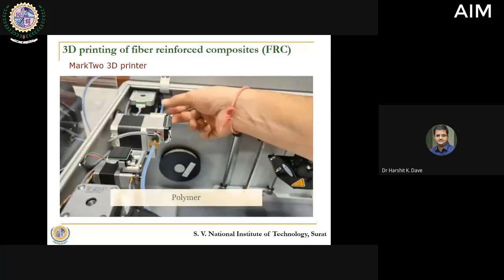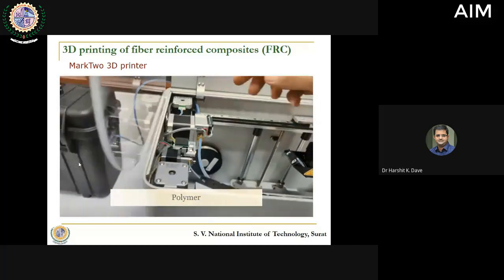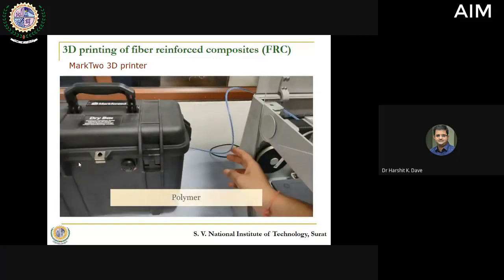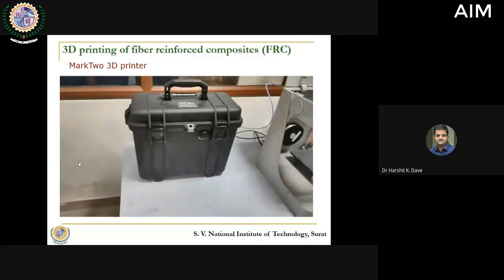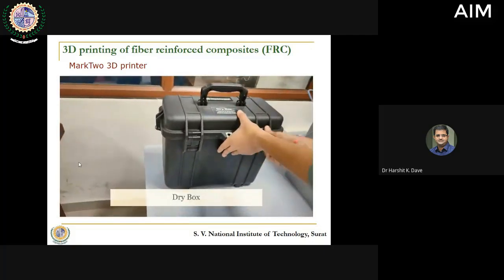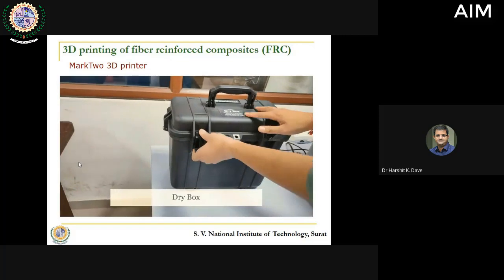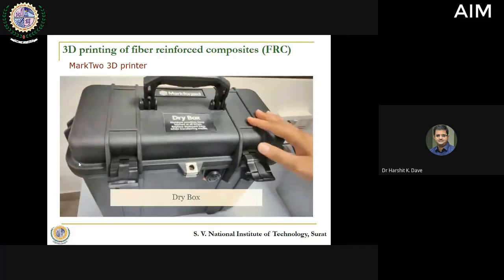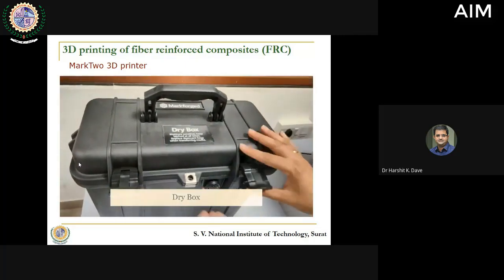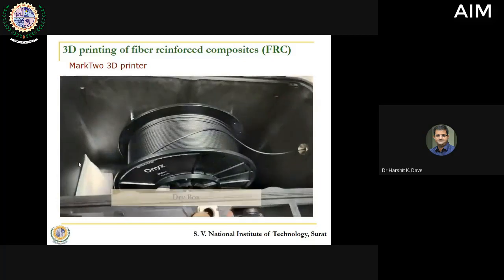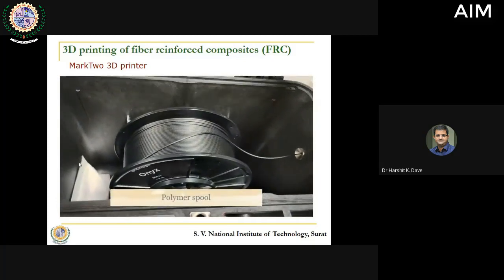The polymer is fed through a separate spool, and that spool has to be kept in a dry box. It is generally required to place it in the dry box because if the polymer absorbs humidity from the atmosphere, it loses its flexibility and often starts getting brittle.